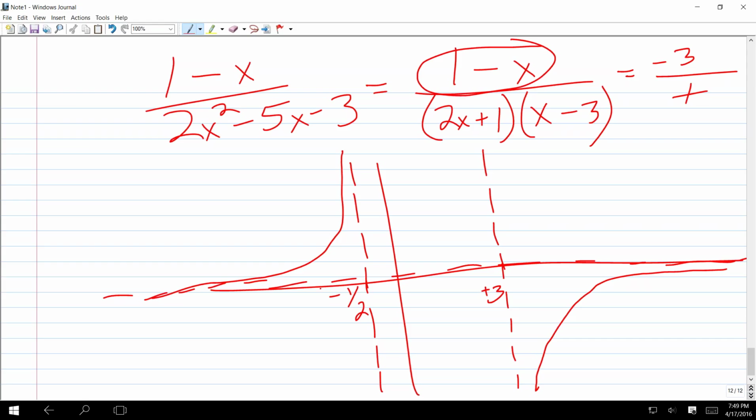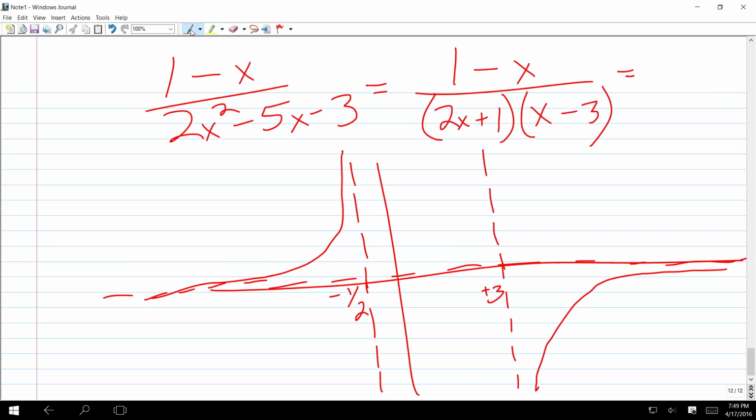So I would have to be above the x-axis, and I am. And that's really the best way to determine it. If you can't actually graph it on a calculator, plug in values to the left and right of your vertical asymptotes, and that'll tell you what part of the grid you're in. So there's no doubt in my mind now that we got most of this drawing correct.